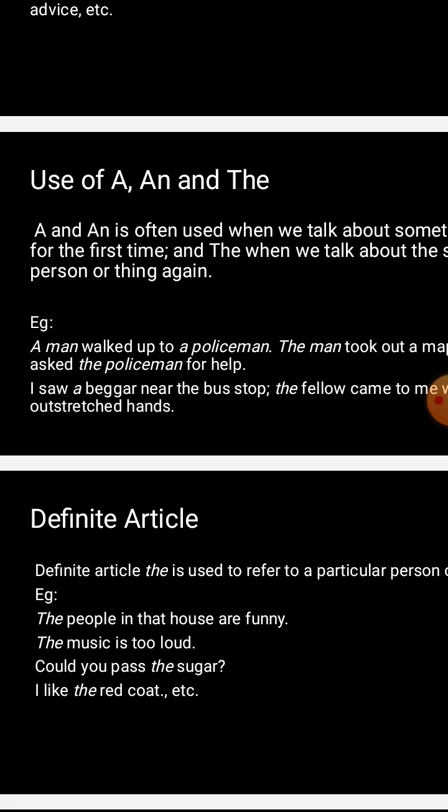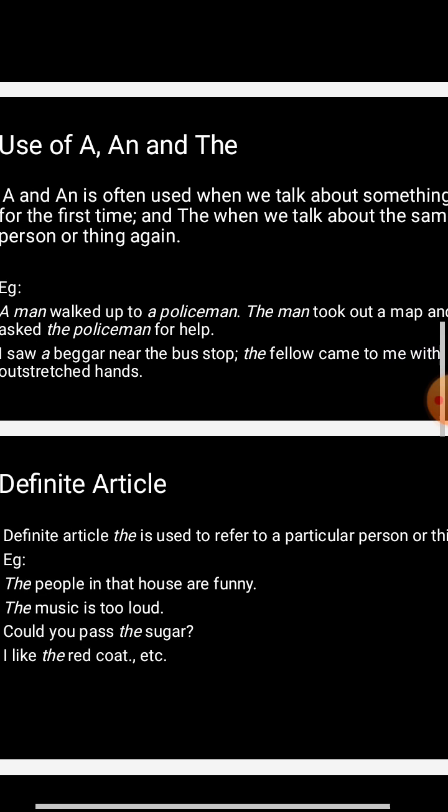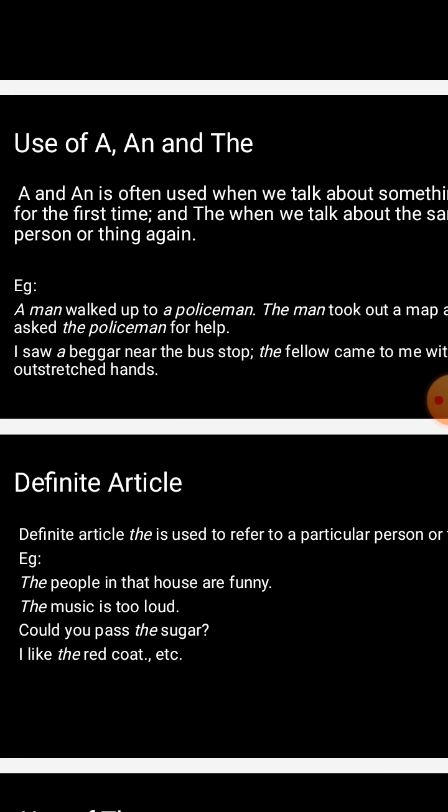Why? You are sure that you are referring to the same person in the first sentence. The man took out a map and asked the policeman for help. Which policeman? The one whom he had approached in the beginning.